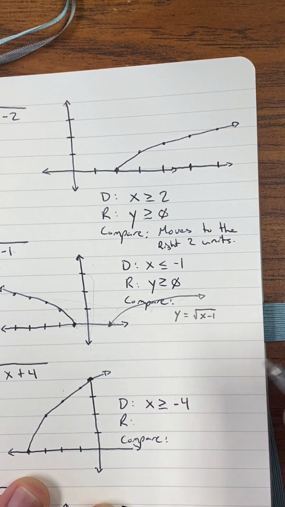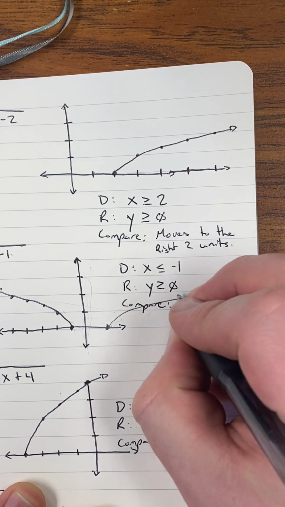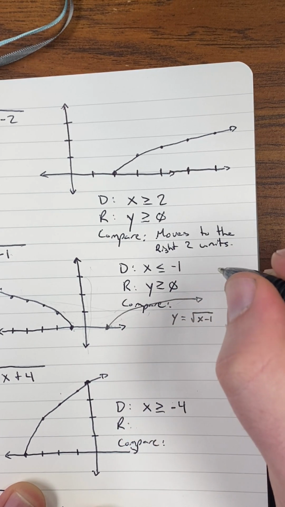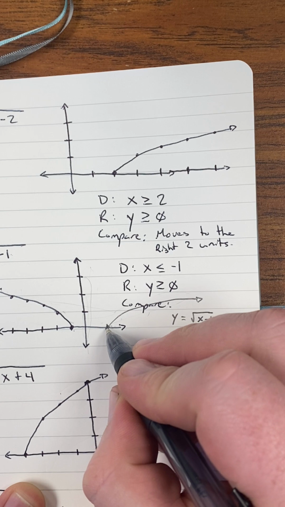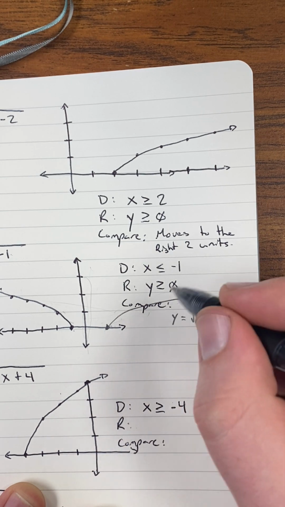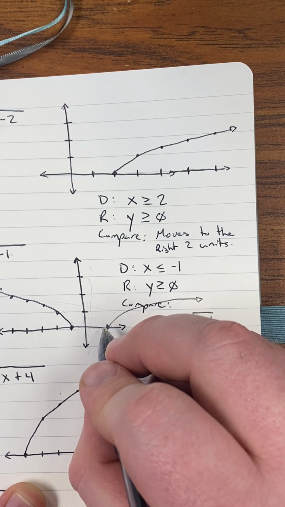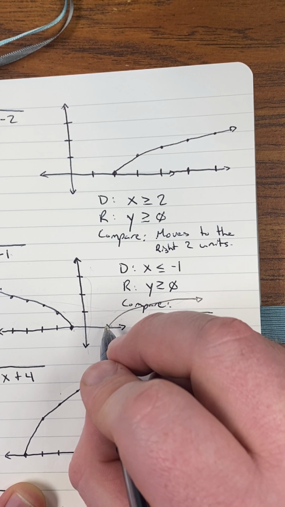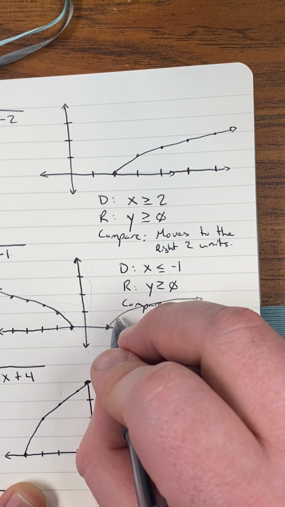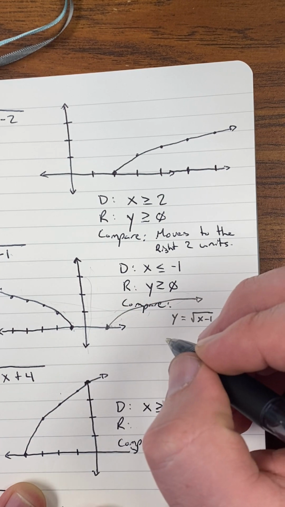So the two things that we're going to say in the comparison, and I kind of covered up my comparison, so that's not great, but I'll write it nice and small, is the first thing that happened is we did move to the right, but we need to say that first and then say what happens after moving to the right. Well, it reflects over the y-axis.